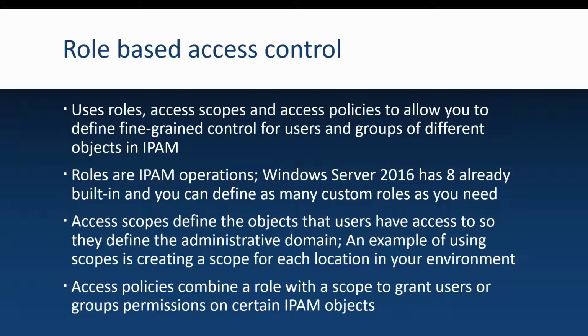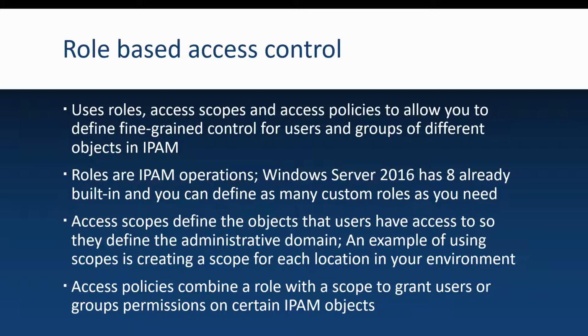Access scopes define the objects that a user has access to. So you could say that they define the administrative domain. An example that I can think of is that you would create groups for your different locations that you have in your environment, and like this you would be able to only permit the DHCP administrators from New York to manage only the DHCP servers from New York.